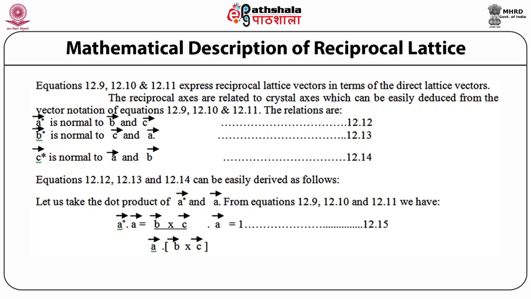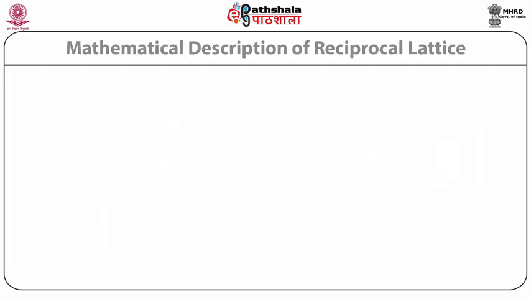Let us take the dot product of A star vector and A vector. From equations 12.9, 12.10 and 12.11, we have A star vector dot A vector equal to B vector cross C vector upon A vector dot B cross C into A vector, which is equal to 1, and put as equation 12.15.